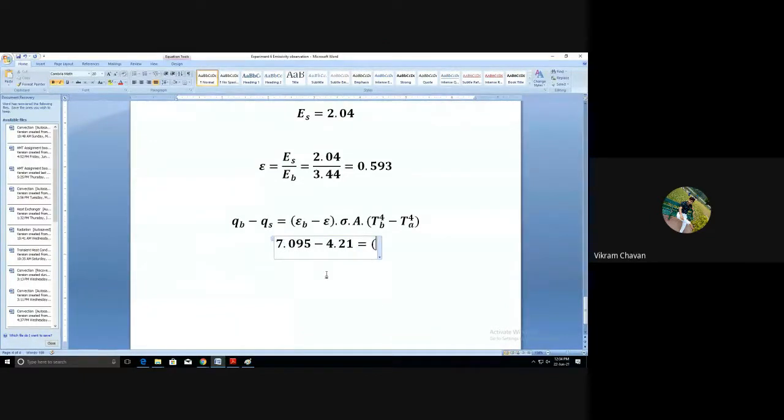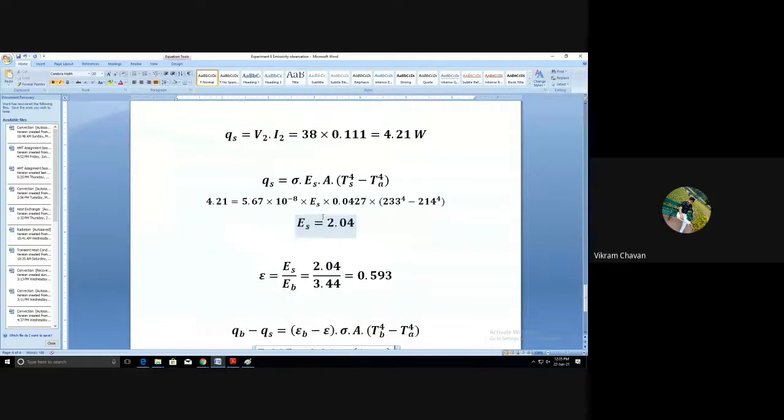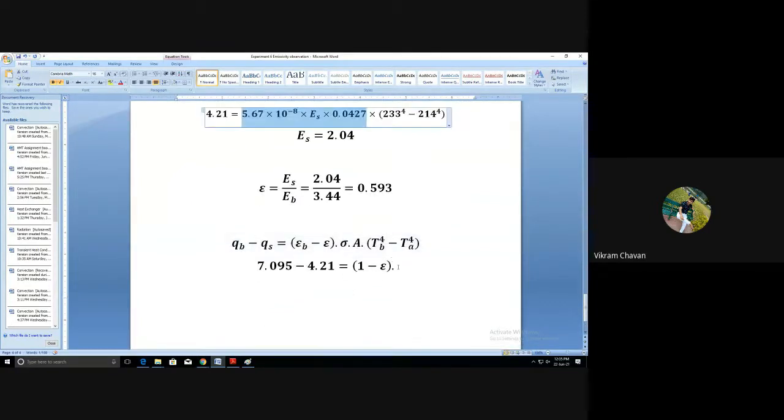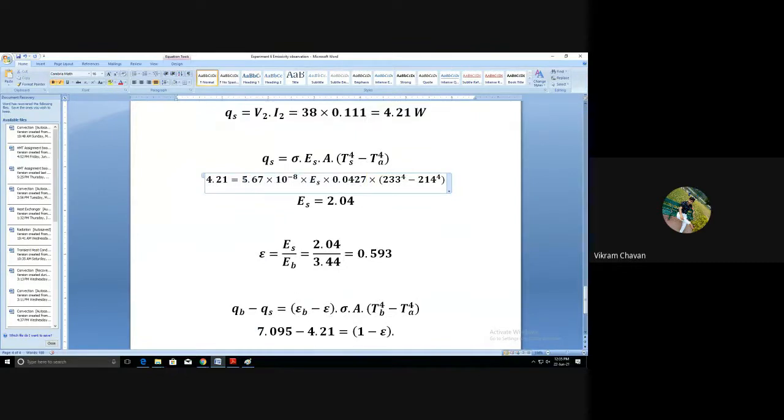Now here we have to consider the emissivity for the black body as 1, and we have to calculate the emissivity for the gray body. So eta remains as it is. But since we are using another method, we have to calculate eta. Multiply by 5.67 into 10 to the power minus 8 and 0.04, the area we are taking as it is.